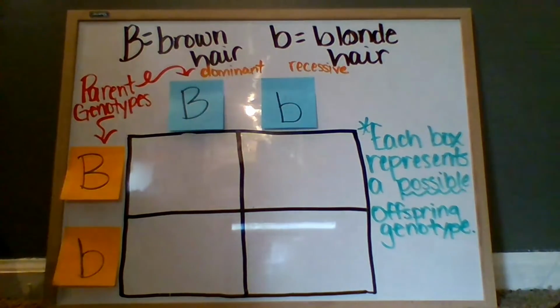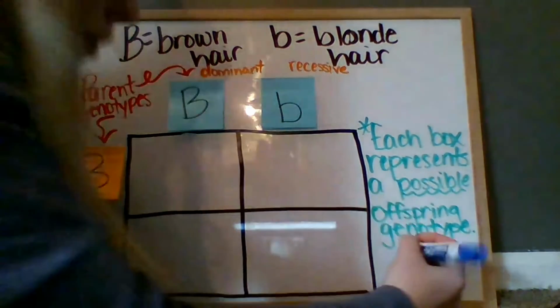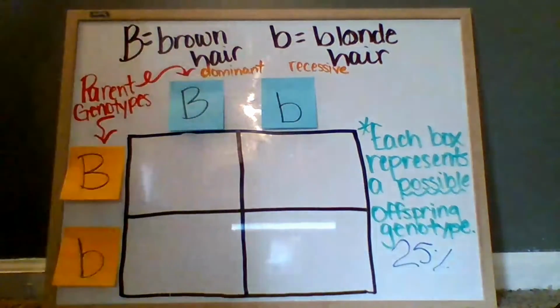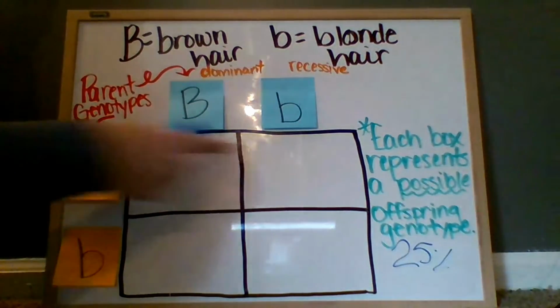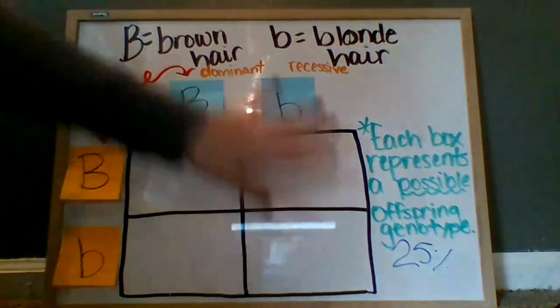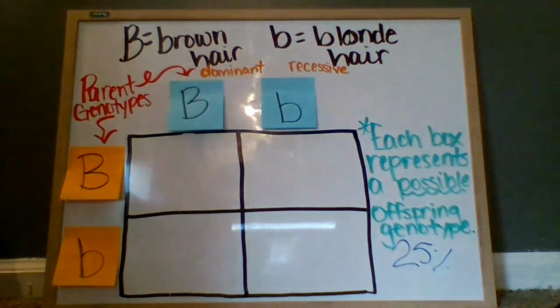What percent does that equal? It'd be 25%. Each box has a 25% chance for a genotype outcome. Remember, genotype means allele combination, what the DNA is. We do not have phenotypes in our Punnett square.